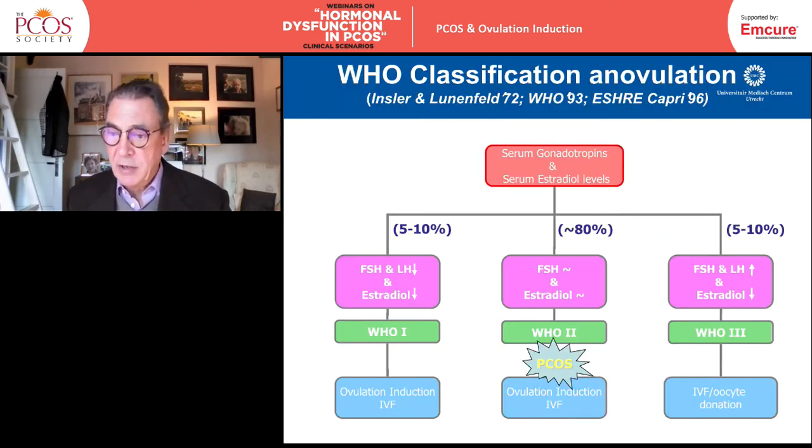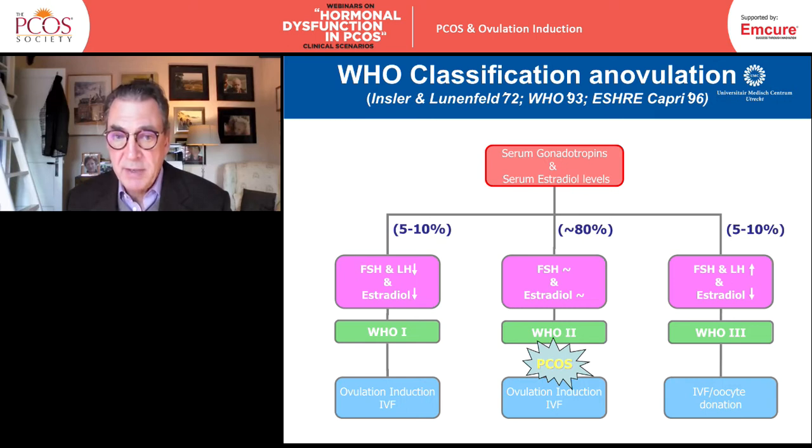So in the context of infertility, it's interesting to see how we do the workup today, and certainly how it influences ovulation induction strategies. And it's actually very simple, and it goes back to initial papers published by Insler and Lunenfeld. It goes back to 1972, where they say, you look at gonadotropins and estradiol levels. If they're both low, hypo, then it's a central WHO 1 condition. If gonadotropins are high and estradiol is low, it's WHO type 3, so premature ovarian insufficiency, if you wish.